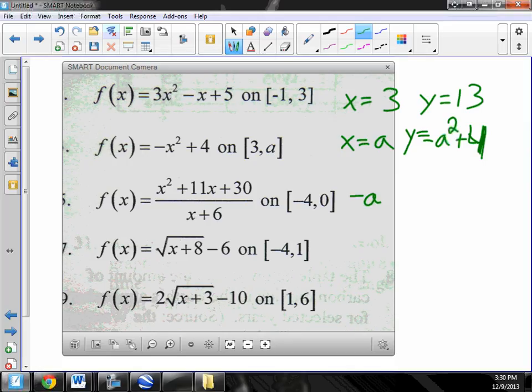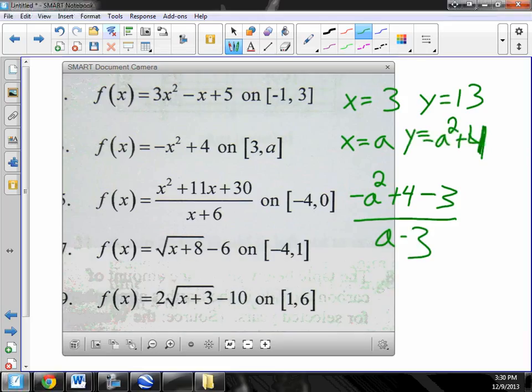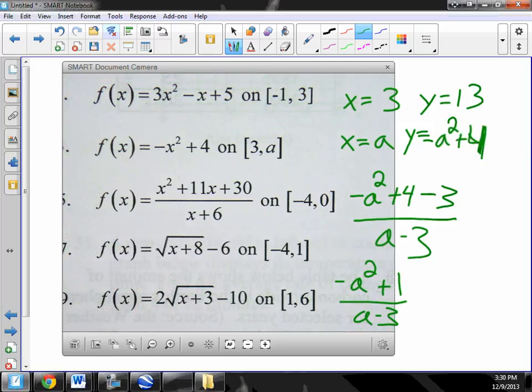Negative a squared plus 4 minus 3 over my second x minus my first x, so a minus 3. So I get negative a squared plus 1 over a minus 3. And I could pull out a negative 1 and factor, but it's not going to simplify. So this is my average rate of change.